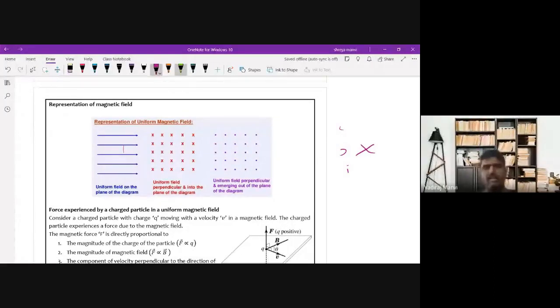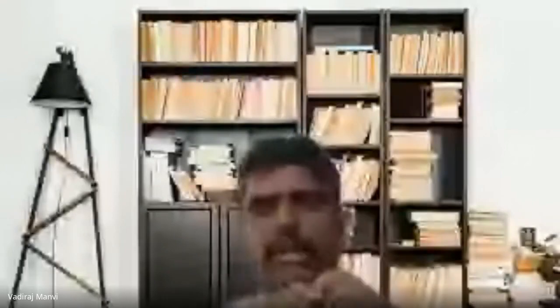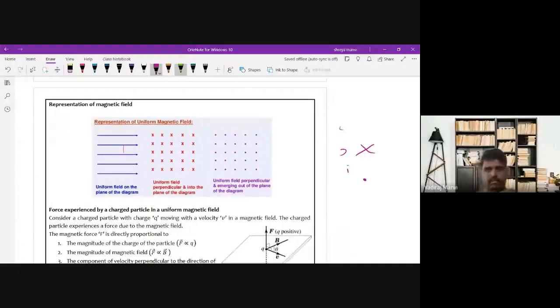By chance, if I represent that by a dot as shown in the third diagram, then again the magnetic field is perpendicular to the screen, but it is coming out of the screen, towards the observer. You remember the way you want, whether in terms of observer or plane of paper, because this is how they will mention it in the exam when they give numericals, even your CET, NEET exam, whatever.